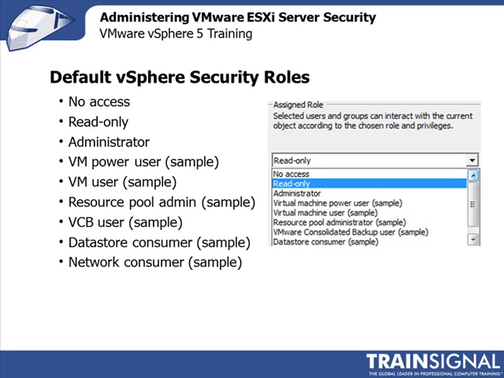You could assign the virtual machine power user role to him, and he has those privileges. But you might want to look at that role and see if maybe he just needs virtual machine user. You just have to check out these sample roles and see. If the sample roles don't fit what you need, you can create your own roles. The only roles that you have to have are no access, read-only, and administrator. From there, you can create whatever roles you want.